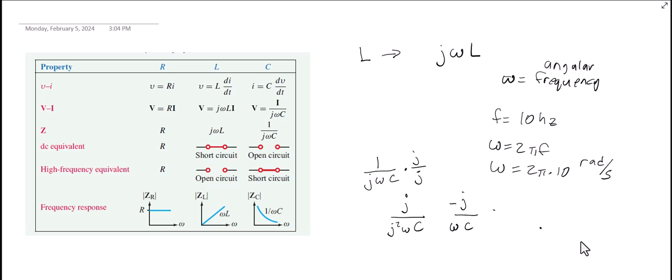So even though officially a capacitor in the phasor domain is 1 over j omega c, and it's identical, we usually just skip straight to saying minus j over omega c, because that'll be easier to work with.